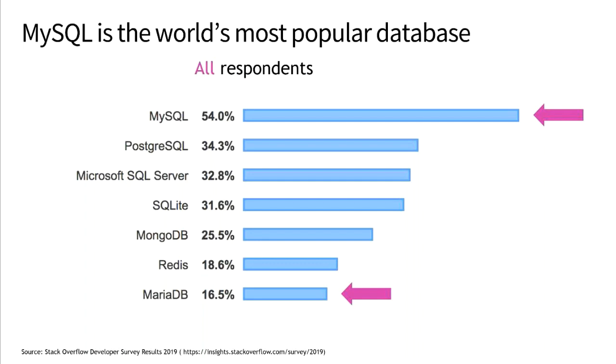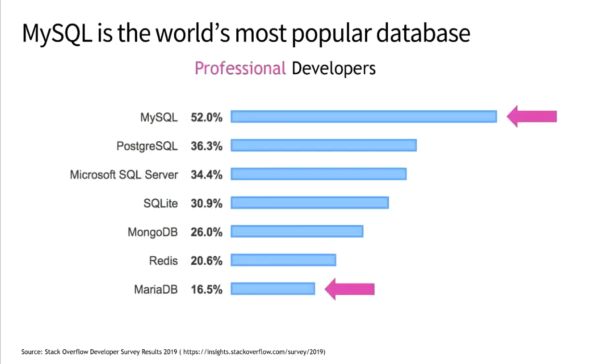The same question was also asked specifically among professional developers, and Stack Overflow got very similar results. Postgres is also becoming very popular, but MySQL is definitely still on top from 2019 surveys. So that is a good reason, at least for many situations and many applications, to choose MySQL as a database.